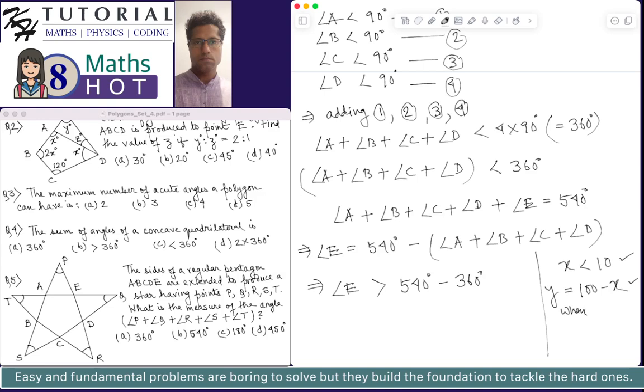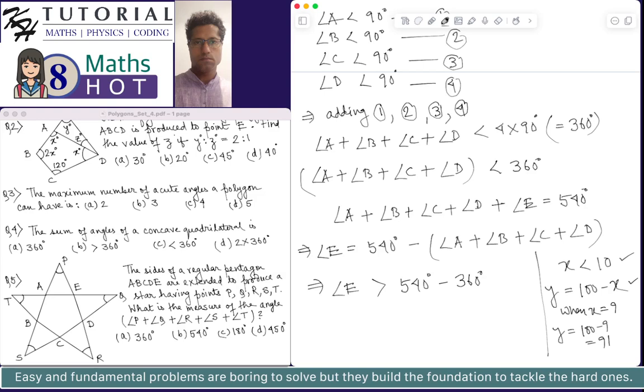When x is equal to 9, y is equal to 100 minus 9, which is 91. Now when x is equal to 8, you will see that the value of y will be more than 91, because 100 minus 8 will be 92. So it will increase.